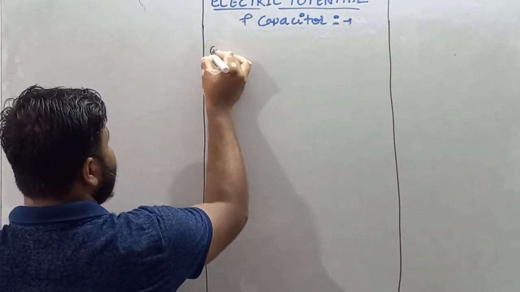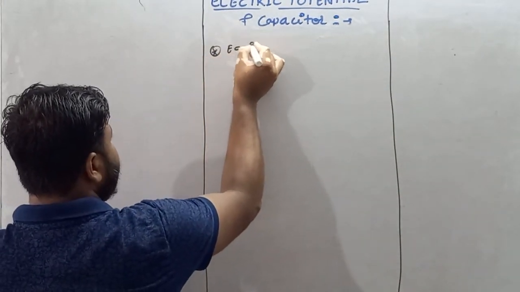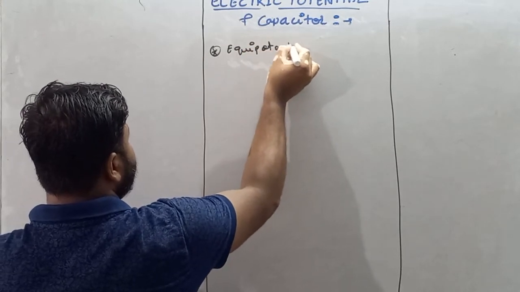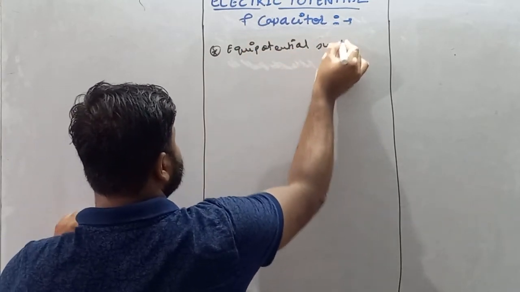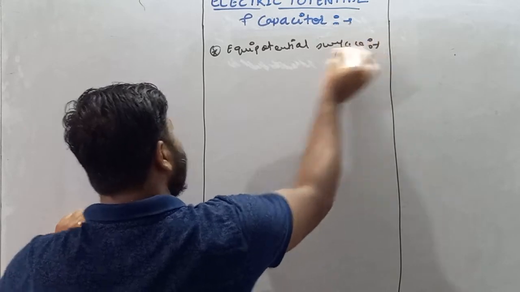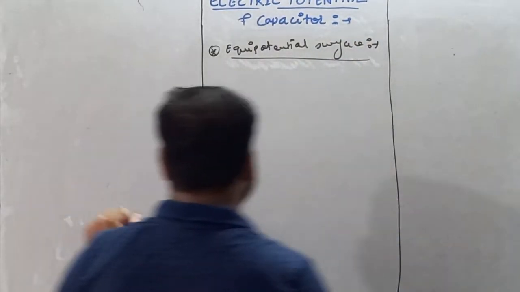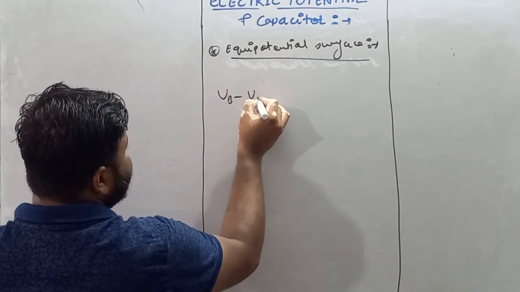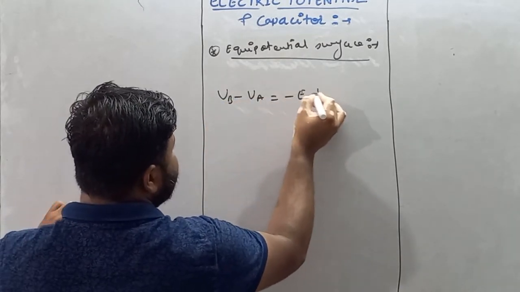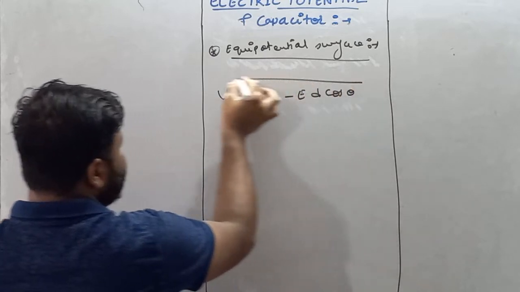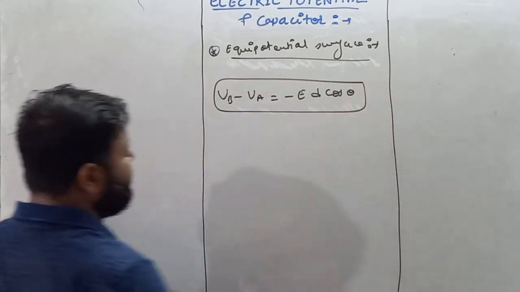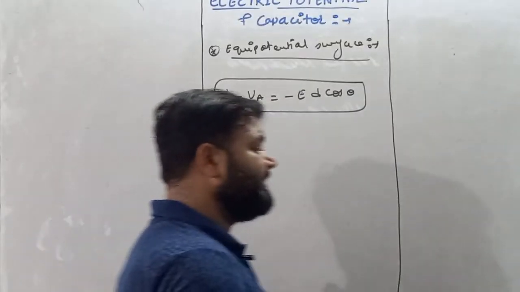Equipotential surface. As we already discussed a formula, VB minus VA is equal to minus ED cos theta. This formula is applicable when the electric field is constant.